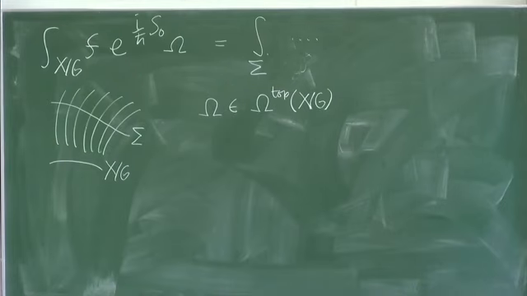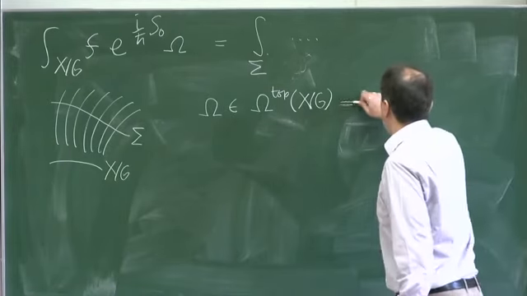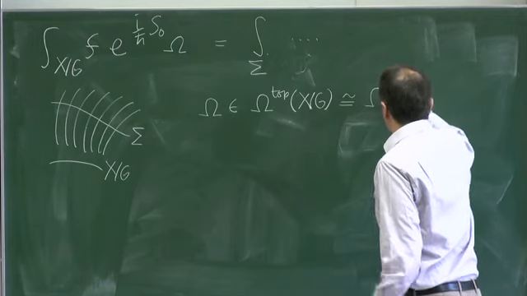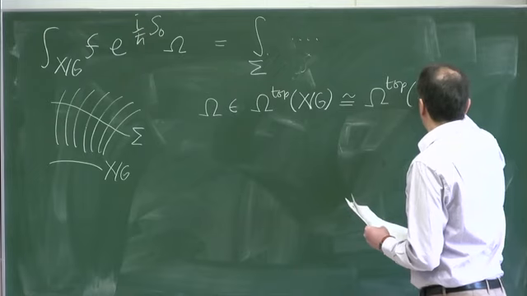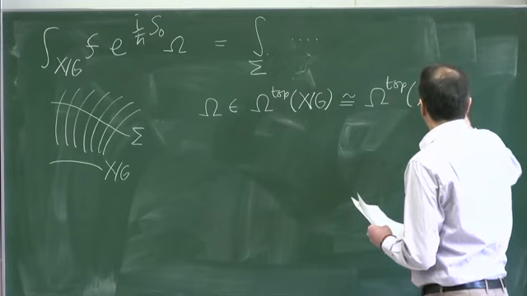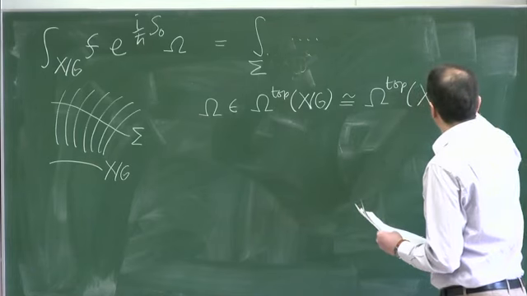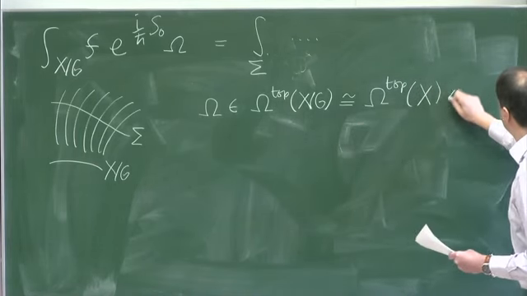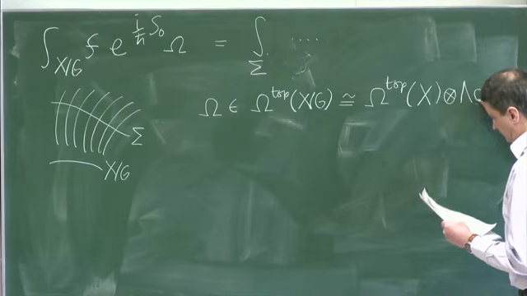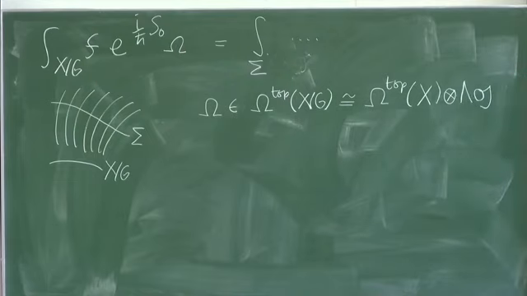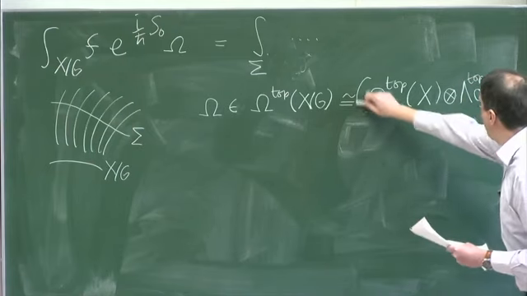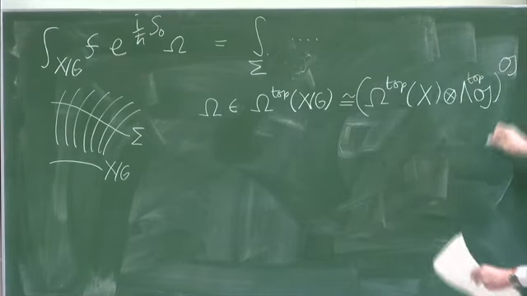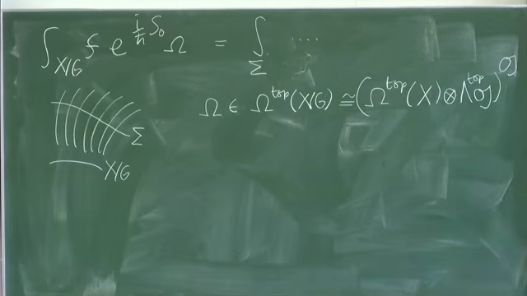And now this is the same as having an invariant form on X, I don't know, top G. Because how does this work?